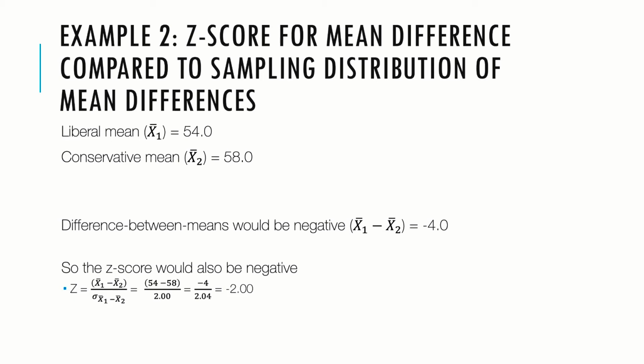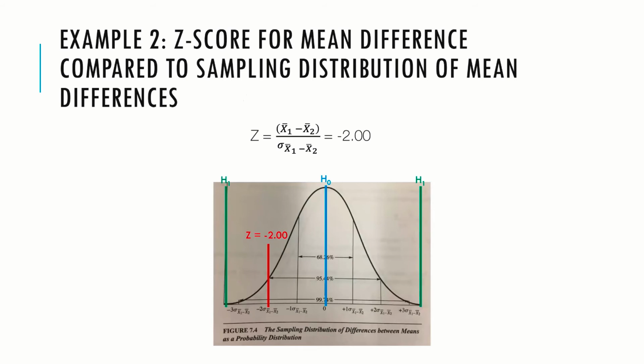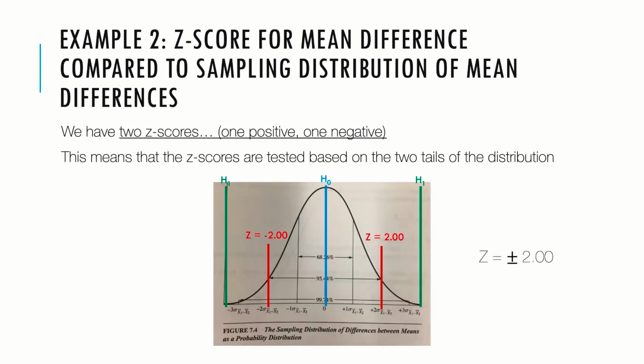We're looking for different scores. So we have both a positive and a negative z-score. Essentially, we have 2 z-scores, one positive, one negative. This means that the z-scores are tested on both tails of the distribution, right? When we're talking about extreme scores, we're not just saying it's extreme high or it's extreme low, it's extreme on either tail.